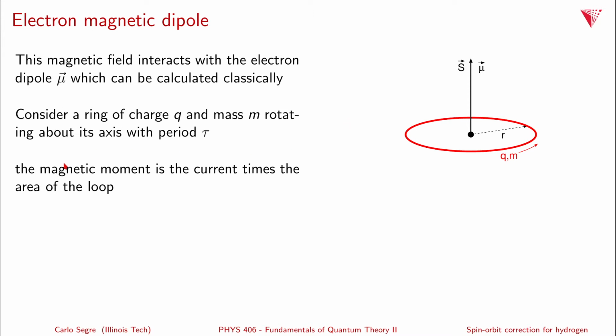So the magnetic moment is simply the current times the area of the loop. The area of the loop is pi r squared, and the current is a total charge Q passing through a particular point in a time tau. So mu is equal to I times A, I being Q over tau, and A being pi r squared.